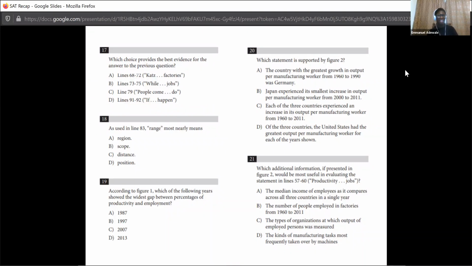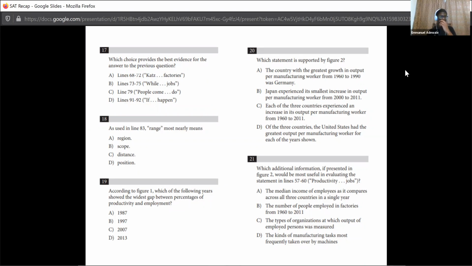Yeah. So for number 17, which choice provides the best evidence for the answer to the previous question? I did sort of give the specific wording away for this one already, and that would be lines 91 through 92, where Katz states, if technology disrupts enough, who knows what will happen?